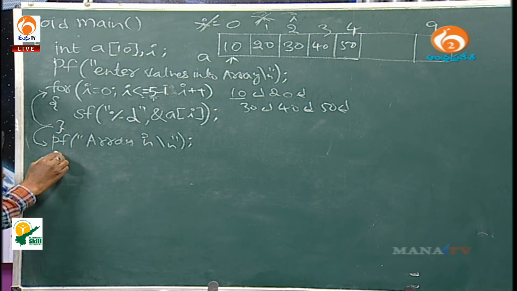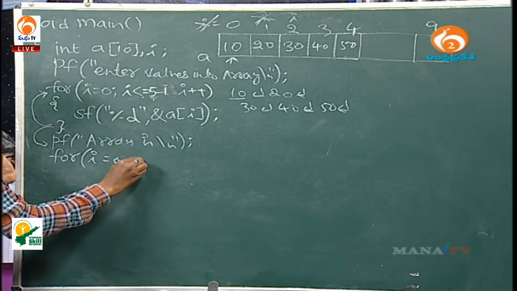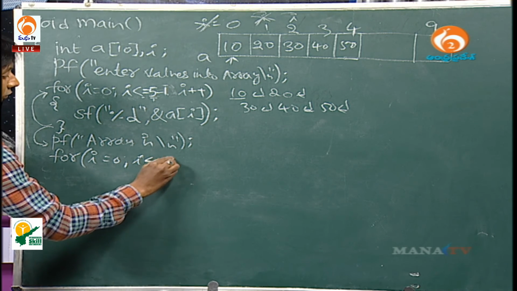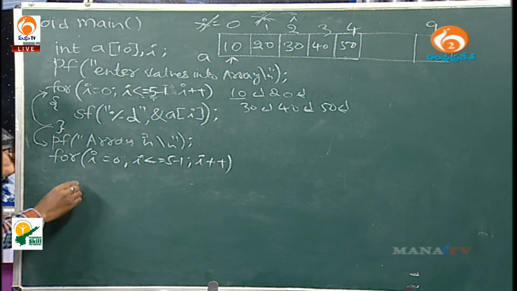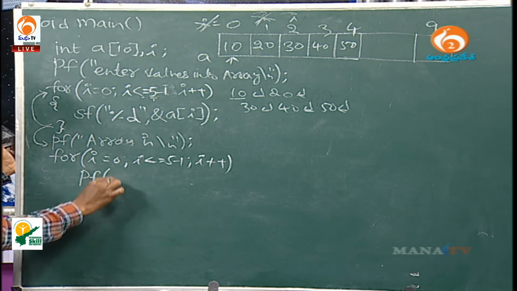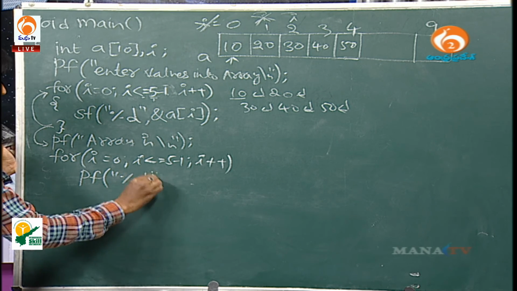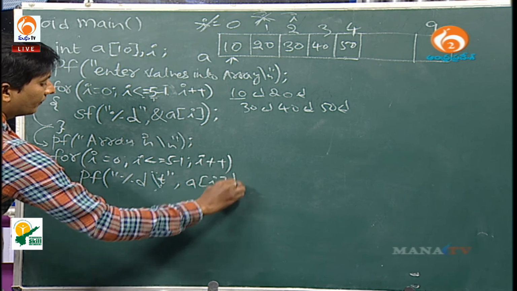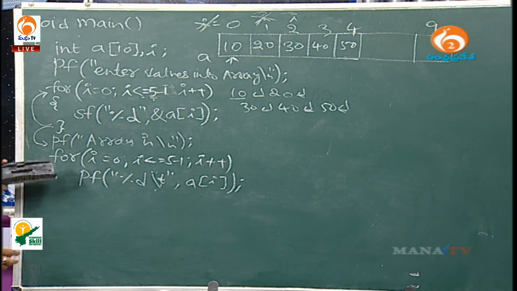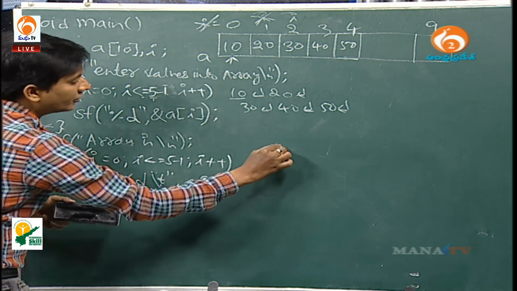So, here again I have to write for loop, I equal to 0, I less than or equal to 5 minus 1, I plus plus. Okay, printf %d tabular space A of I. First I equal to 0 means A of 0, 10 is displayed.